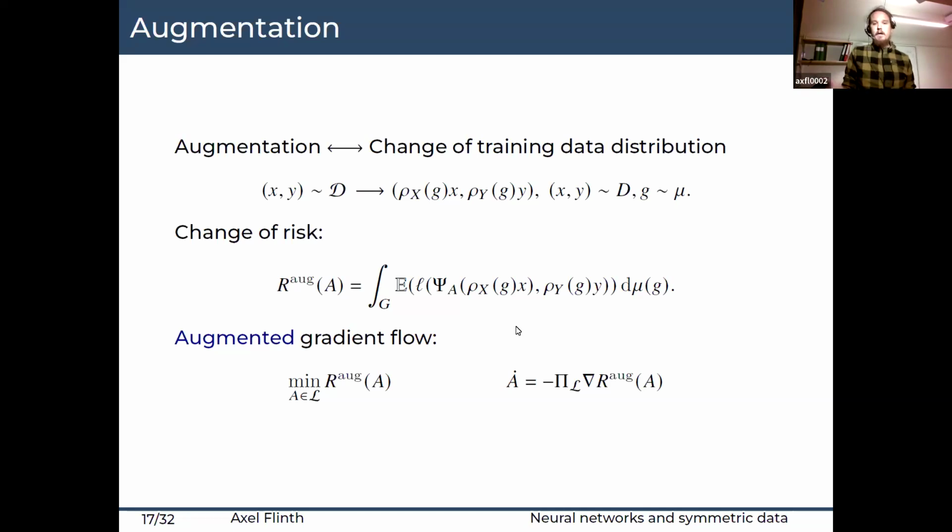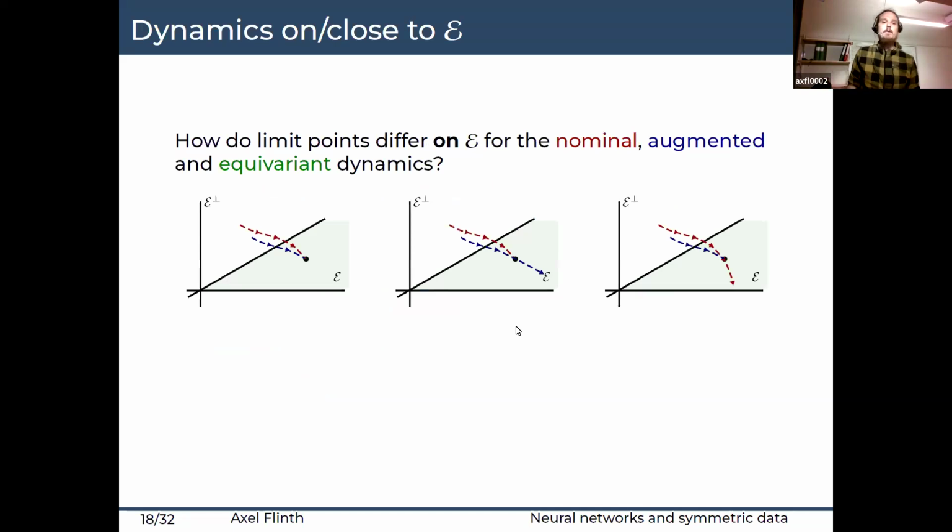Okay, now let's try to analyze these flows. And as I already said, we want to look at the dynamics on this space E and close to it. So right now, anything could happen. It could be that there are points that are critical on E for both the augmented and nominal flow.